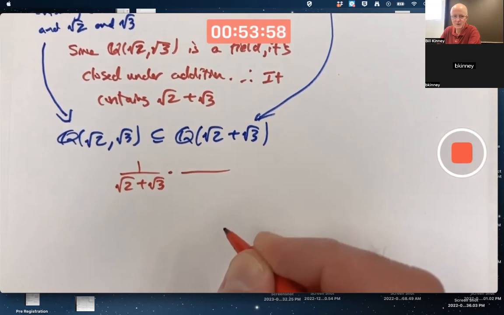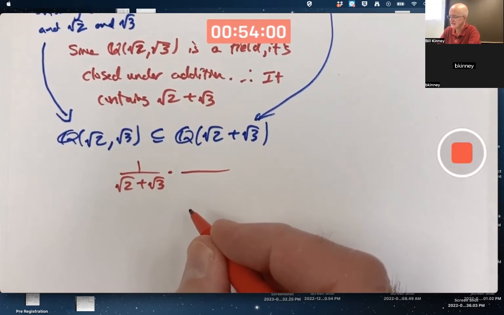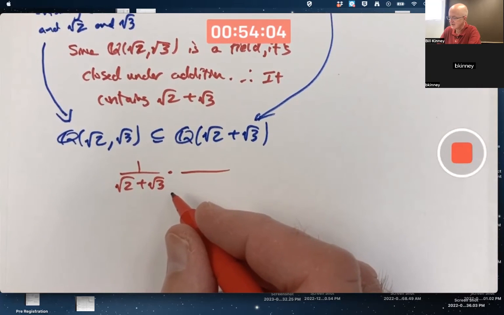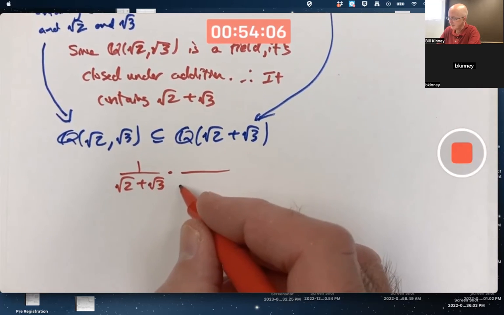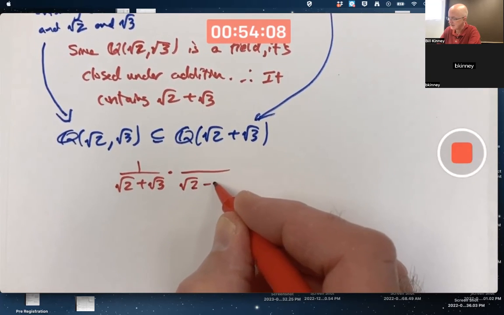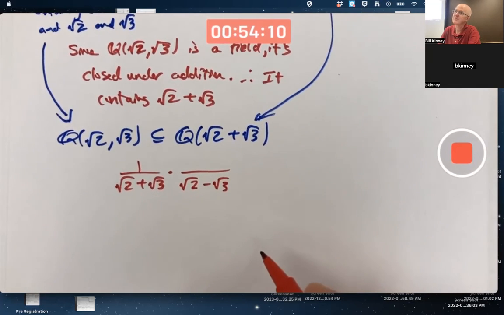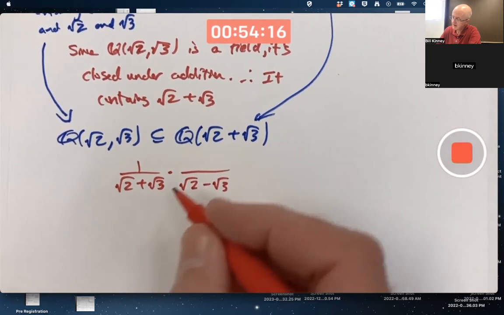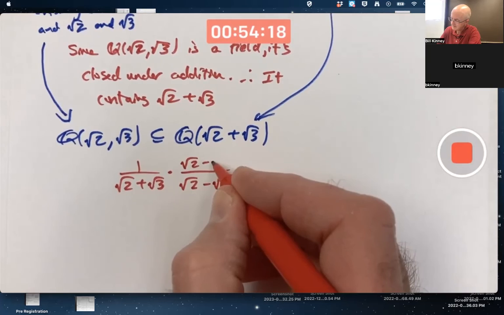One thing we could try to do to find the multiplicative inverse is to, in a sense, rationalize the denominator here, multiply by square root of 2 minus square root of 3. You could also try multiplying by square root of 3 minus square root of 2. But if I don't want to change the value of this number, I've got to do it on the top as well.